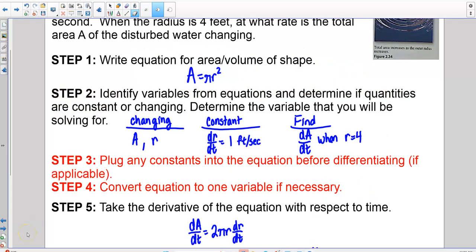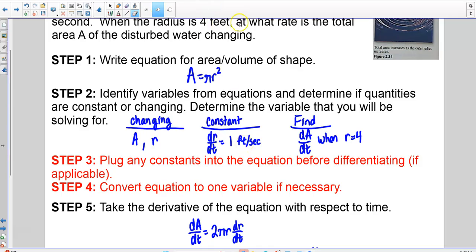It's like the scenario where I'm pouring water, but it's a little bit different. But the radius and the area both change, right? You can't change the radius of the circle without the area also changing. So A and R are both changing. The dr dt is constant.